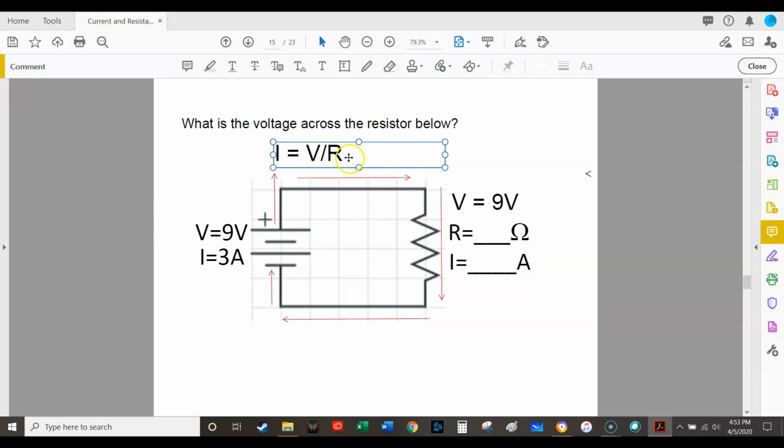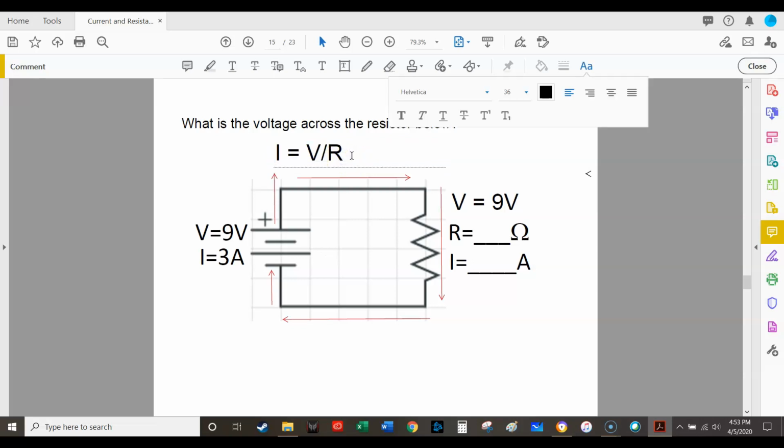What we could also write is that voltage is equal to current times resistance.